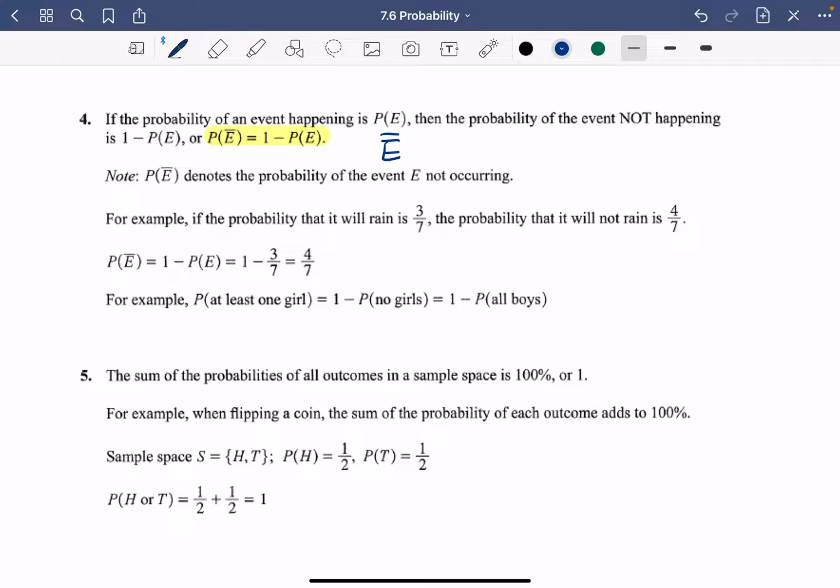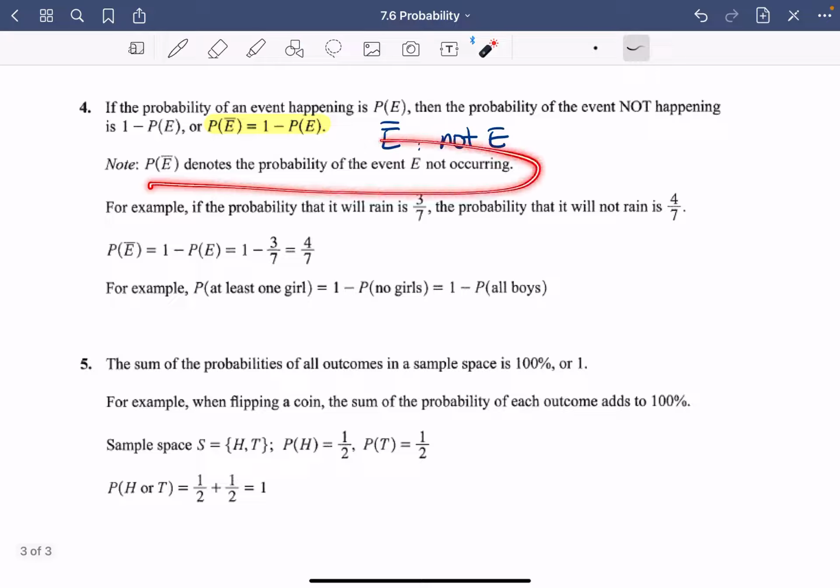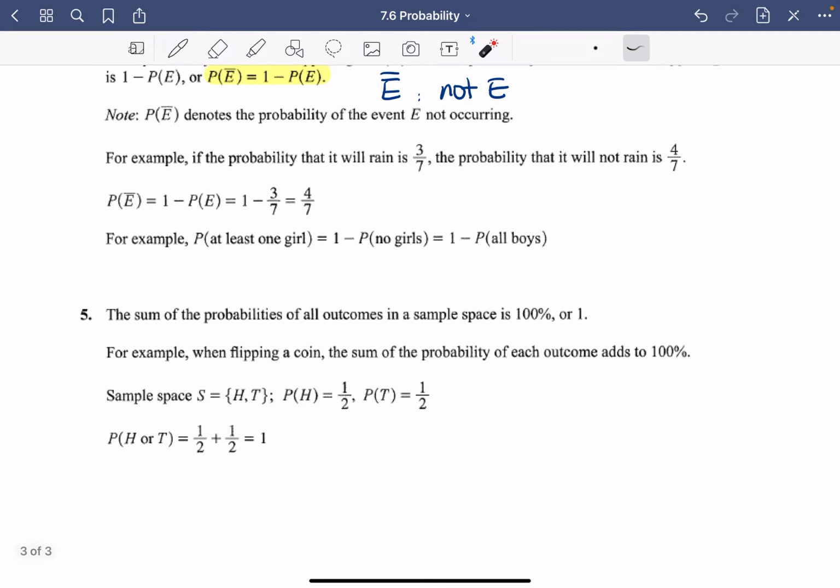E with a bar means not E, or E is not happening. Okay, it has it here. So for example, if the probability that it will rain is 3/7, then the probability that it will not rain will be 1 minus 3/7, which is 4/7.